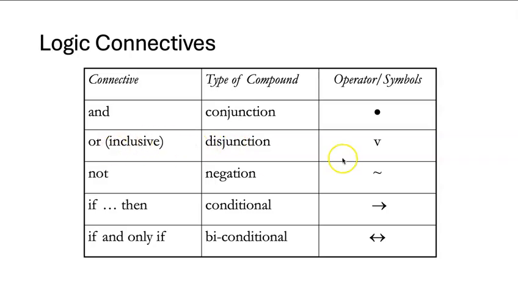But we're using or, and that's a V. Not, that's negation. Right? I think this is called a tilde. If then, conditional statement, we have the arrow, and we have our biconditional, which is if and only if, and we use a two-way arrow for that.